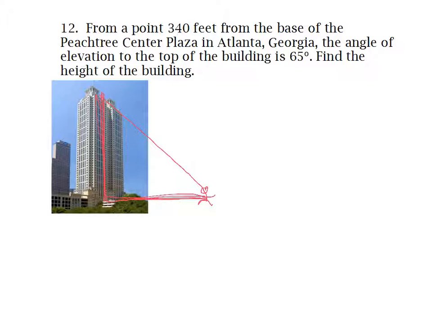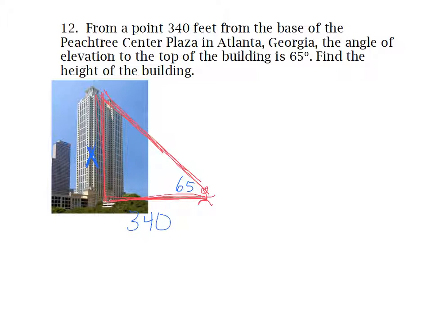Let's fill in everything we know. We know that we are 340 feet from the base. We know that the angle of elevation looking up is 65 degrees, and we are searching for how tall this building is. I don't need to solve the whole triangle, I just need to find x. Looks like we have the adjacent and we are looking for the opposite.